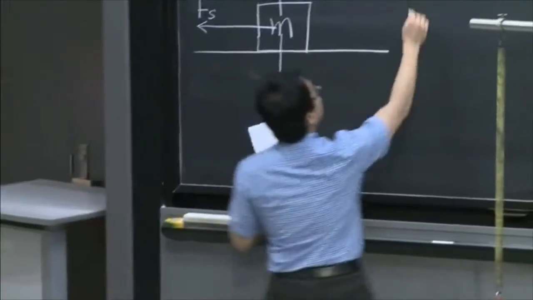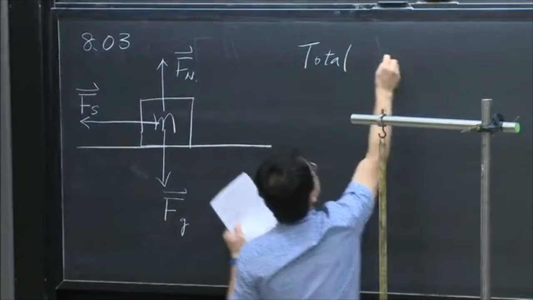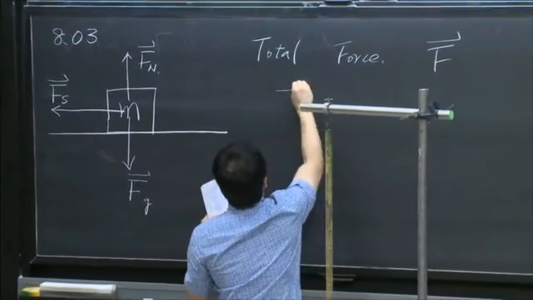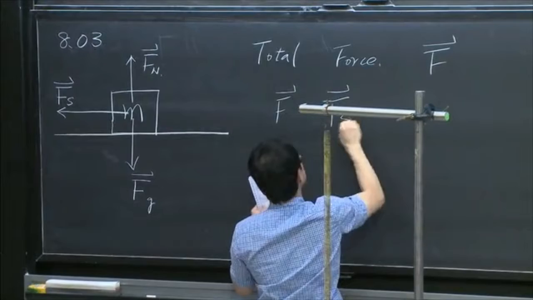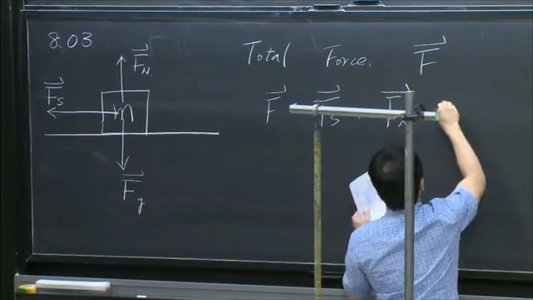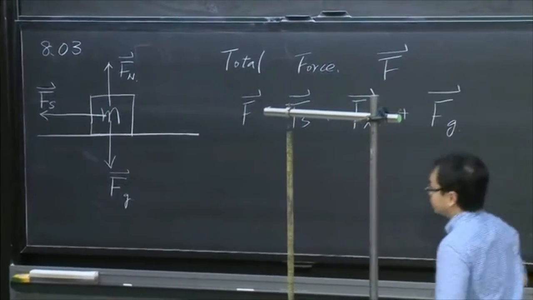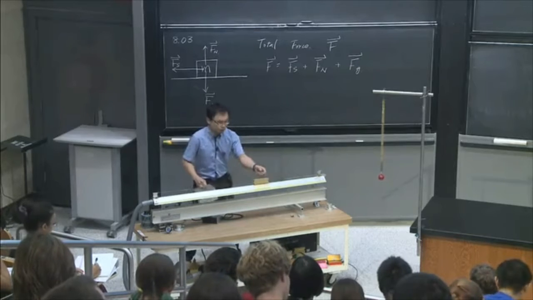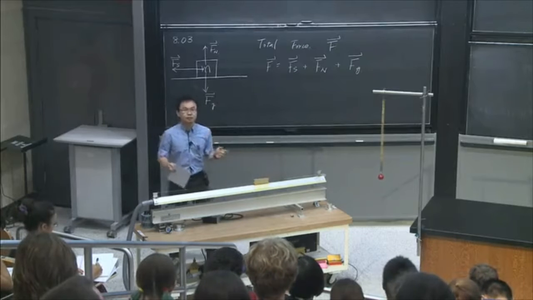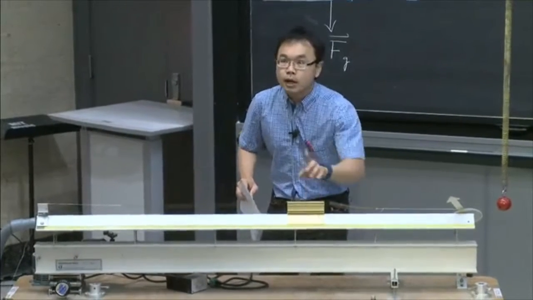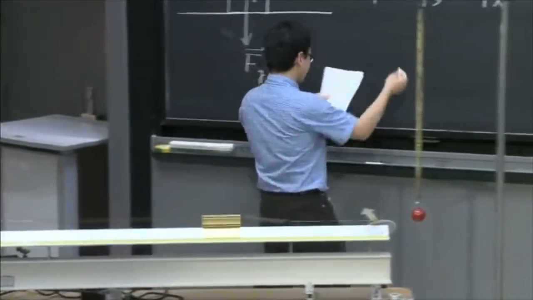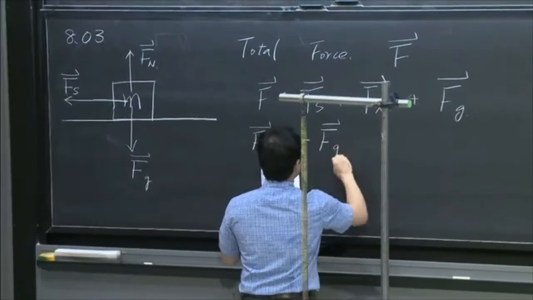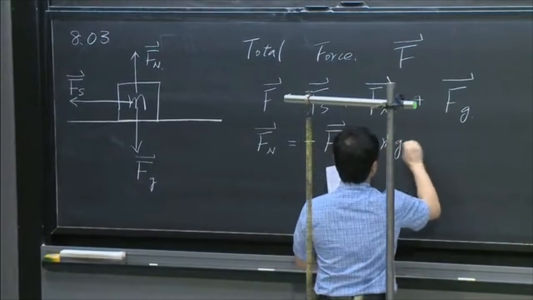Now that I have the 3 forces, I can calculate the total force. The total force F is equal to Fs plus Fn plus Fg. Since we know that the mass is moving in the horizontal direction, and didn't suddenly jump and disappear, the normal force is equal to minus Fg, which is mg in the y direction.